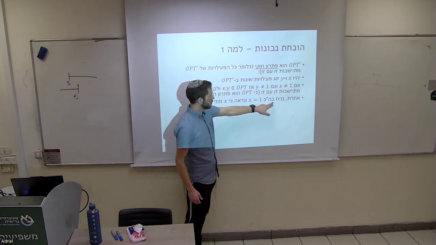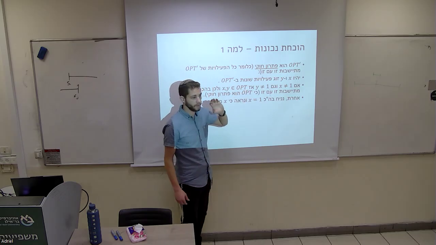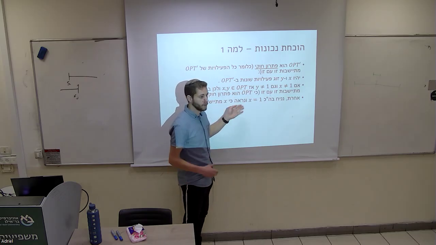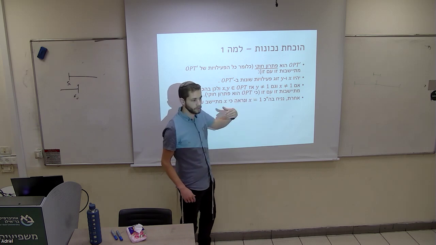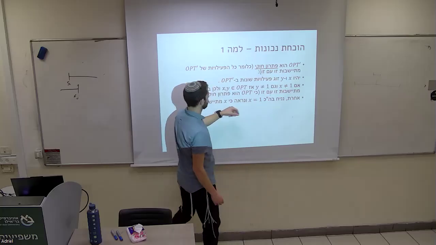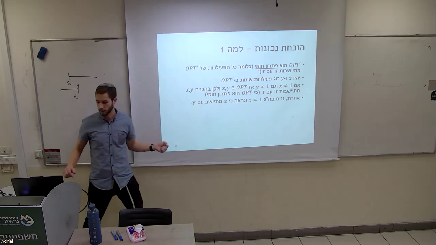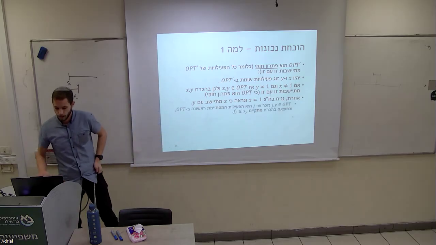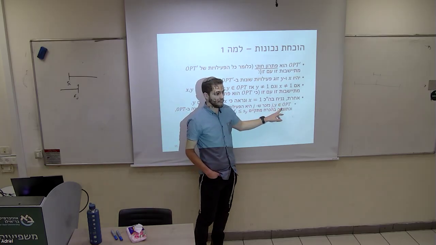Else, let's assume without loss of generality that x is 1, the first activity. Without loss of generality, we could have done y, but it's the same, so we don't lose generality of our proof. So x equals 1, and let's say that x sits with y, that they don't overlap. So j and y belong to opt.